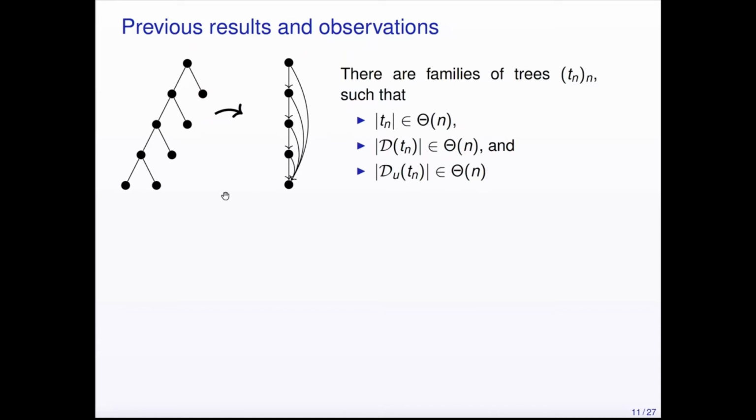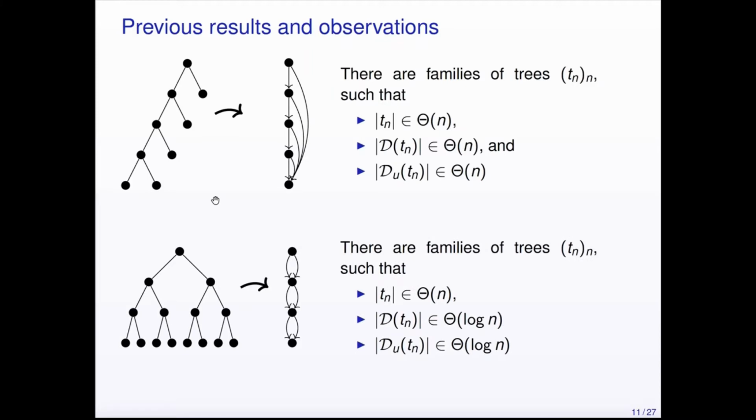An example for such a family of trees would be the family of left degenerate binary trees, which is depicted here on the left, together with the corresponding minimal DAG. And in particular, we find that in this case, the ordered and the unordered minimal DAG are identical and are linear in the size of the tree.